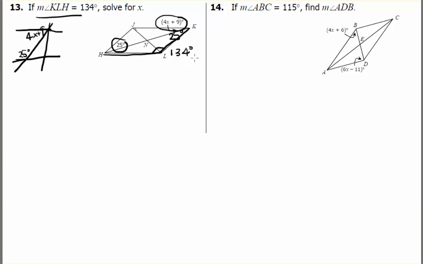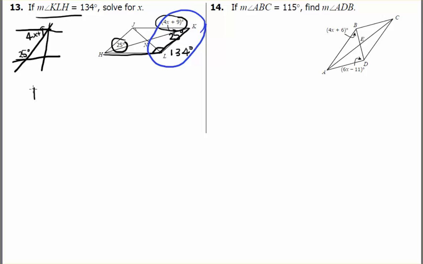And then if I have that angle L is 134, these two together, so angle J and angle L, angle K and angle L are consecutive, so they should add to be 180.